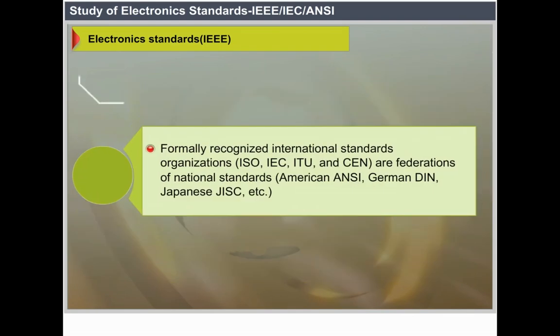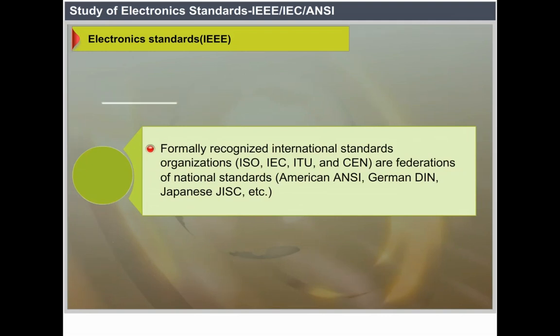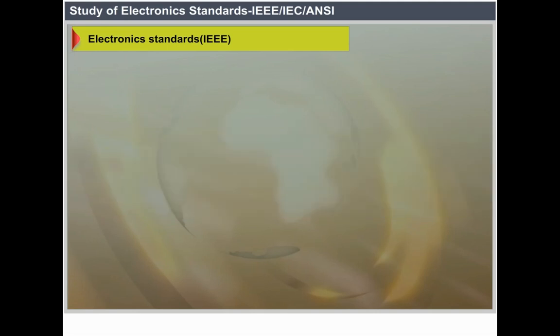Formally recognized international standards organizations ISO, IEC, ITU, CEN are federations of national standards bodies. American ANSI, German DIN, Japanese JISC, etc.